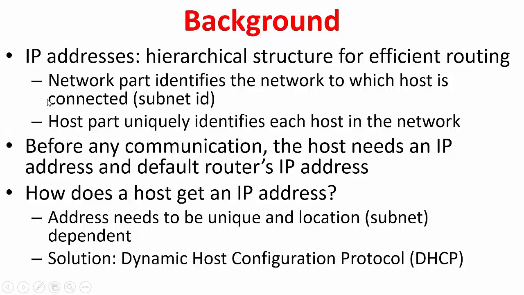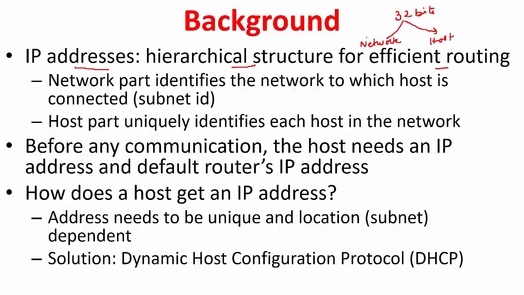The IP addresses that the network layer employs have a hierarchical structure. This ensures efficient routing. IPv4 addresses are 32 bits long, and these 32 bits are split into two parts: the network part and the host part.